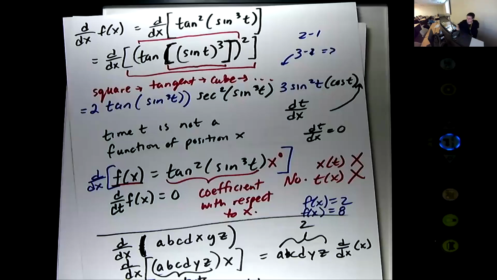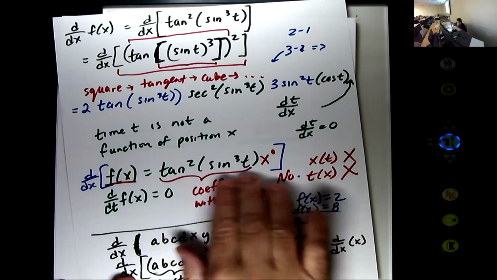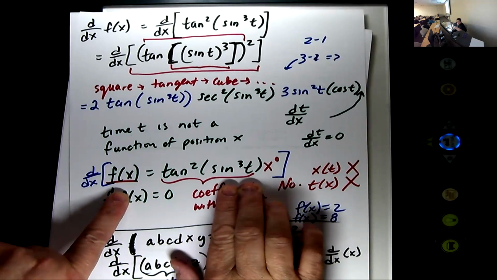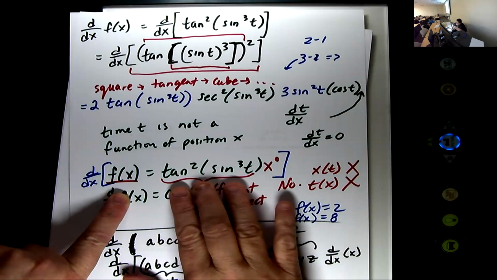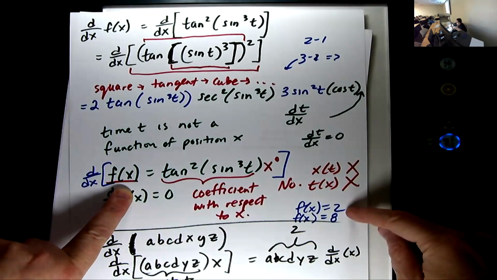All right, so. It's not sharing what I want it to. There we go. So the big takeaway of this is, since this says t and this function is in terms of x, these are all constant in terms of x, just like a 2 or an 8.